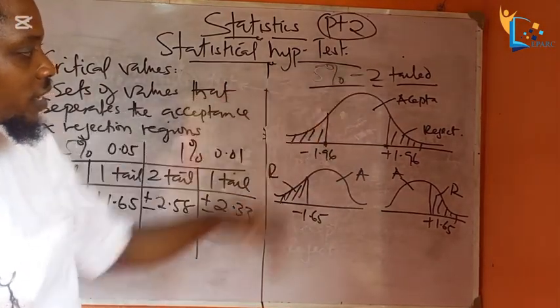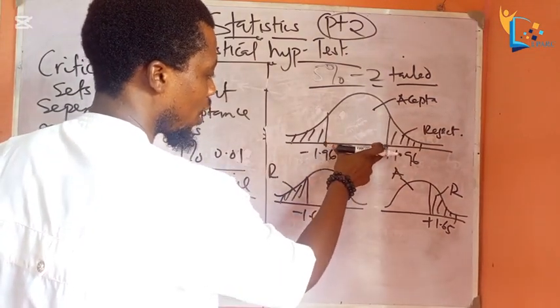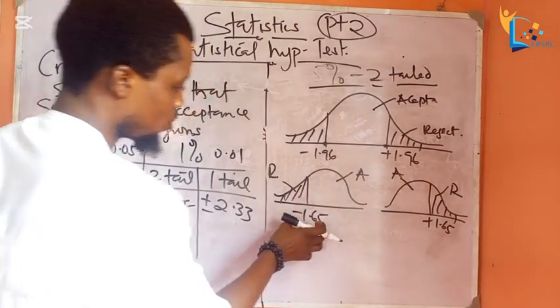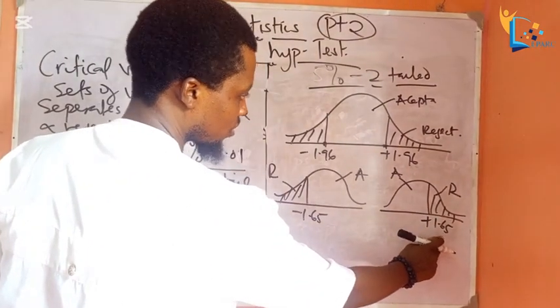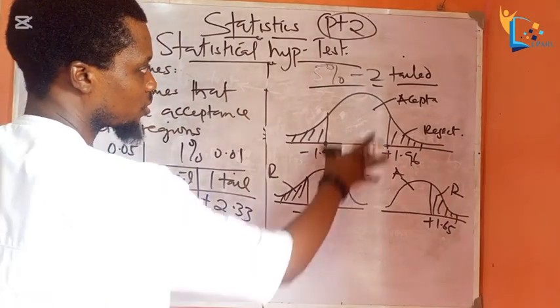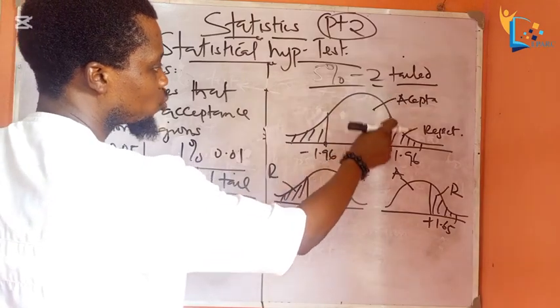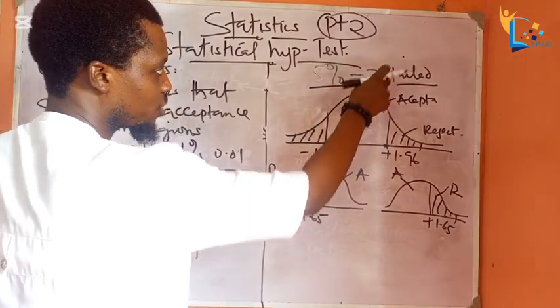Now for a 2 tail test, these are two critical values here. Then for a one-tailed test, we'll have the minus 1.65 on this side, or the plus 1.65 on this side. We had to separate it because it's a one-tailed test, while the two critical values are on one distribution because it's a two-tailed test.